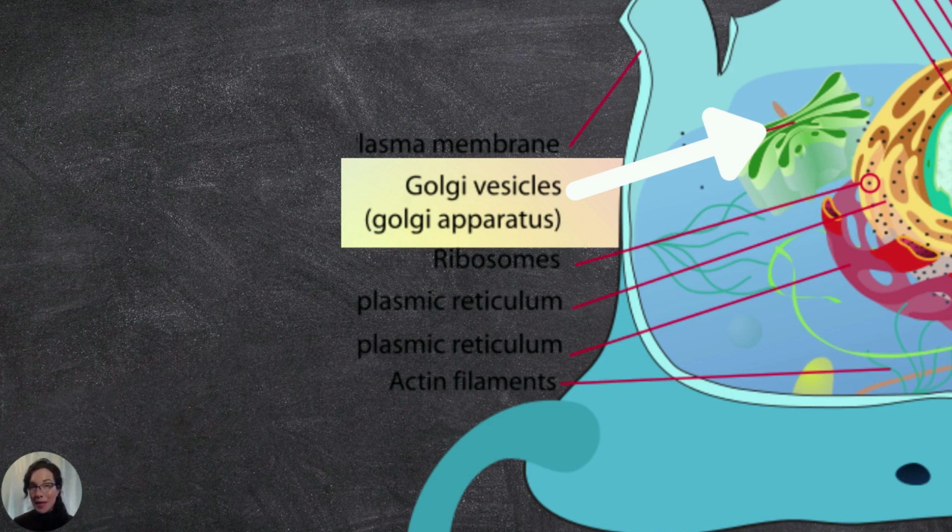When the cell is making something, sometimes those things are kept within the cell, and sometimes they need to be exported out of the cell. You can think of the Golgi apparatus as the post office. It's going to put a chemical signature on that substance and tell it where to go.